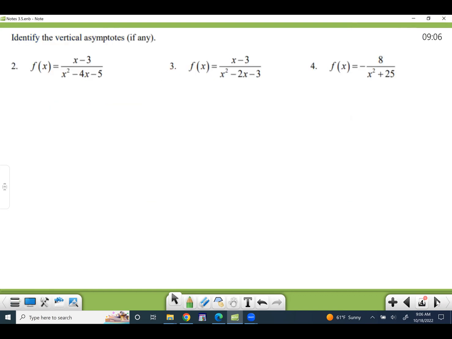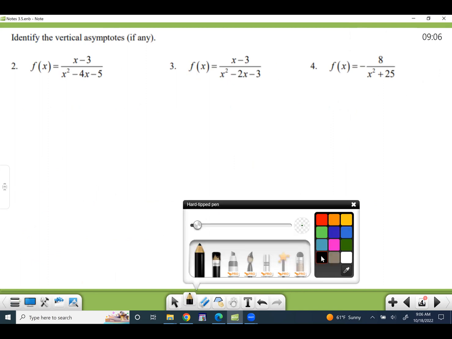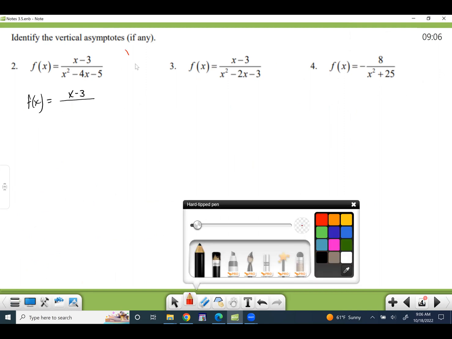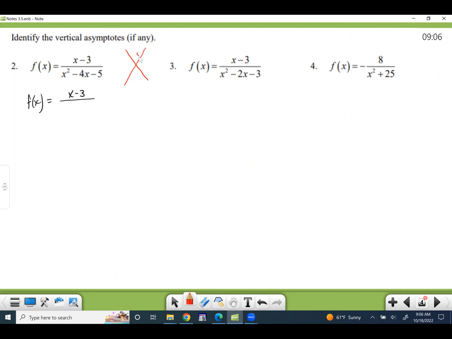Okay, so step 1 is always factoring. So we're going to factor anything that you can factor, top and bottom. So we have to look for factors of -5, things that multiply to make -5 and add to make -4. Sorry, the board's glitching a little bit.